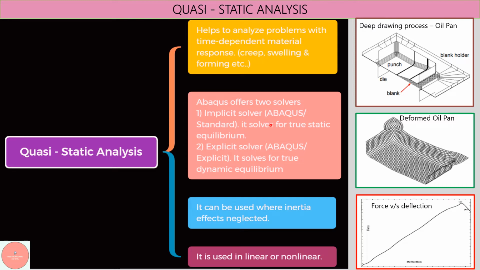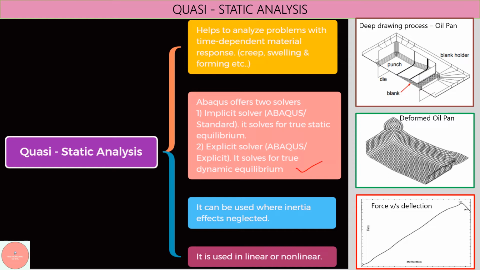For quasi-static analysis, Abaqus offers two solvers: implicit and explicit. These two solvers play a major role, because in the implicit solver, due to high nonlinearity, the simulation will take more time as compared to explicit solvers.